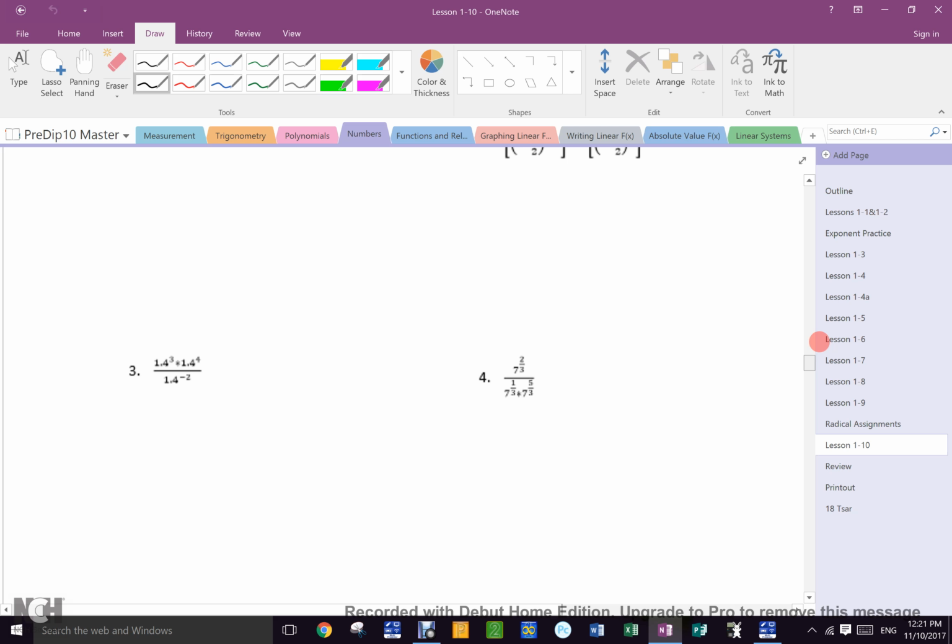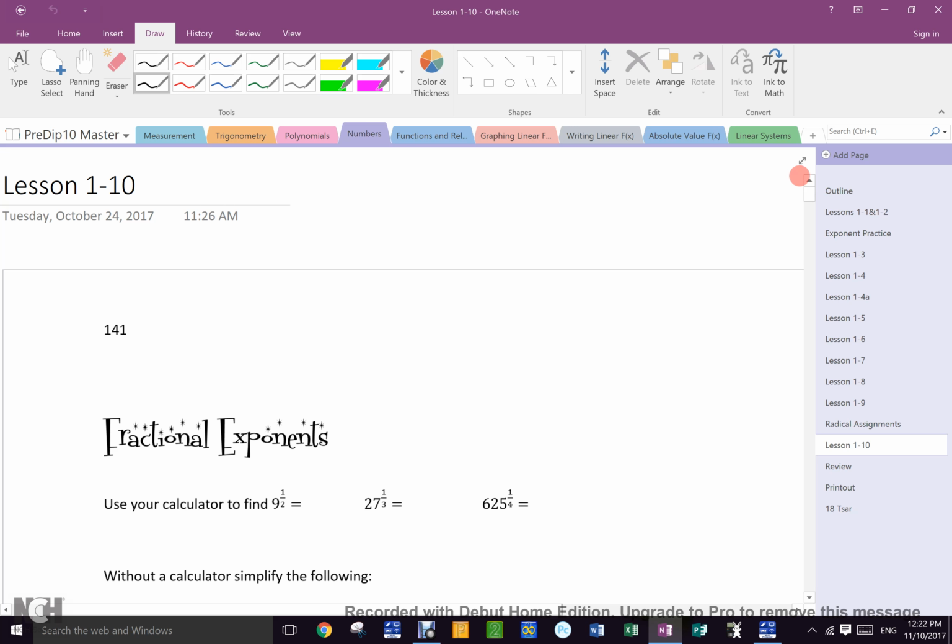Okay. Now, listen up. We're going to have one more set of notes that puts this entire unit together. Radicals, exponents, simplifying, everything. And that is page 138, is where it starts.